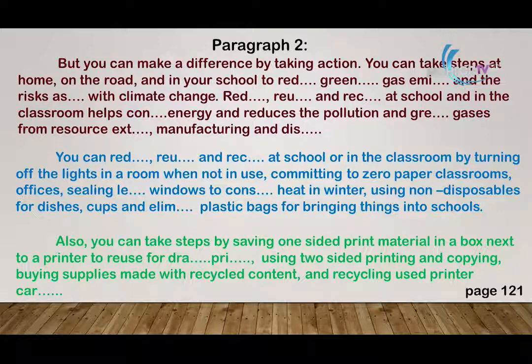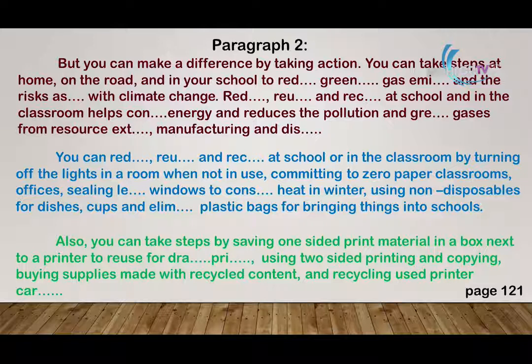Reducing, reusing, and recycling at school and in the classroom helps us conserve energy and reduces the pollution and what? Are you ready? Yes, greenhouse gases from resource extraction, manufacturing, and disposal. Good. Okay, are you remembering your new words?